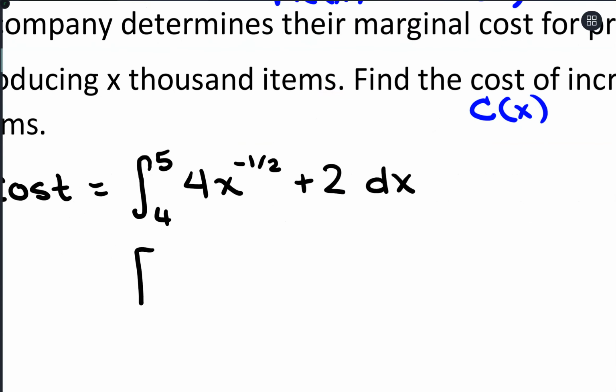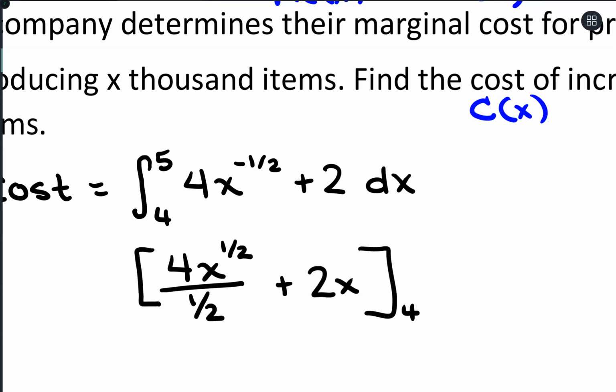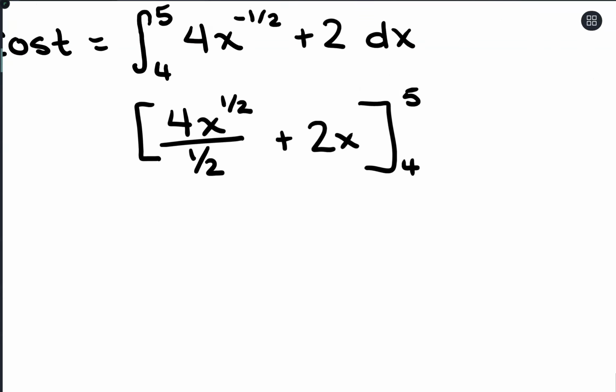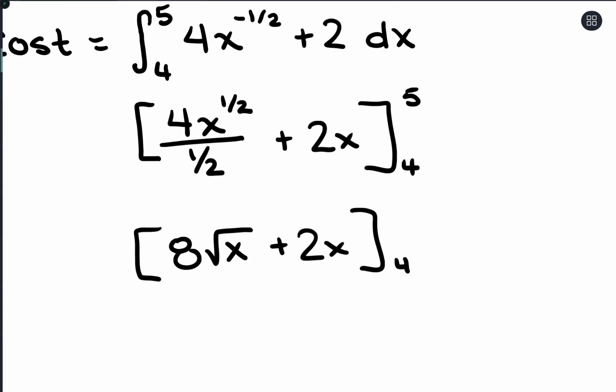Okay, so the antiderivative will have 4 times x, so negative 1/2 plus 1, so that'll be a positive 1/2, divided by positive 1/2, plus 2x from 4 to 5. And I'm just going to simplify this a little bit, so this is going to be 8 square root of x plus 2x from 4 to 5.